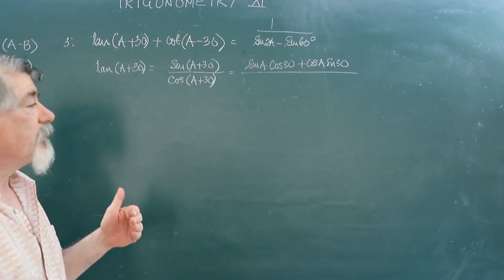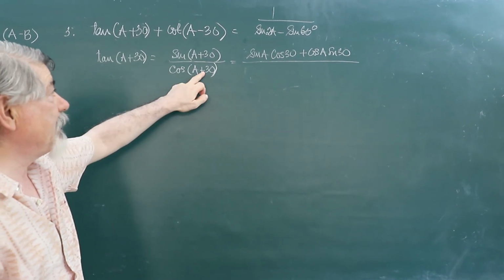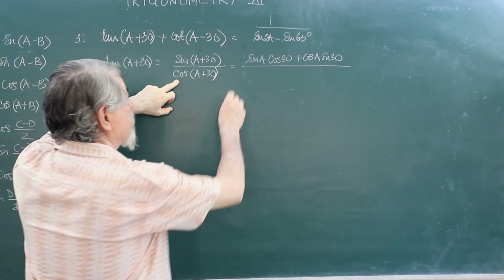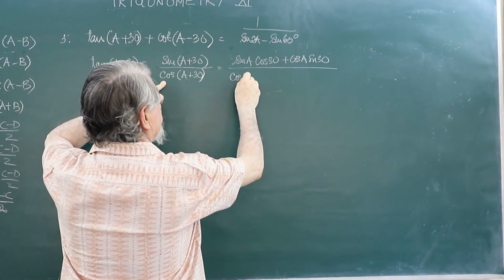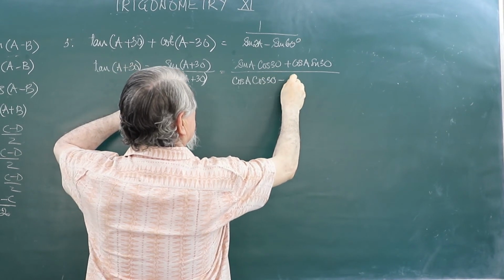In cos A plus B, cos A cos B and sine A sine B come, and the signs change between them.